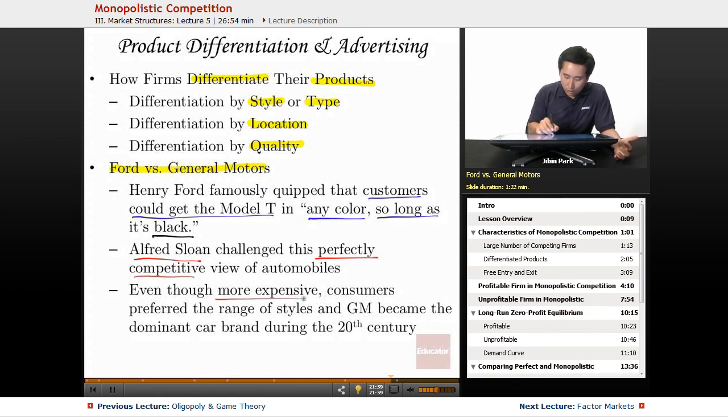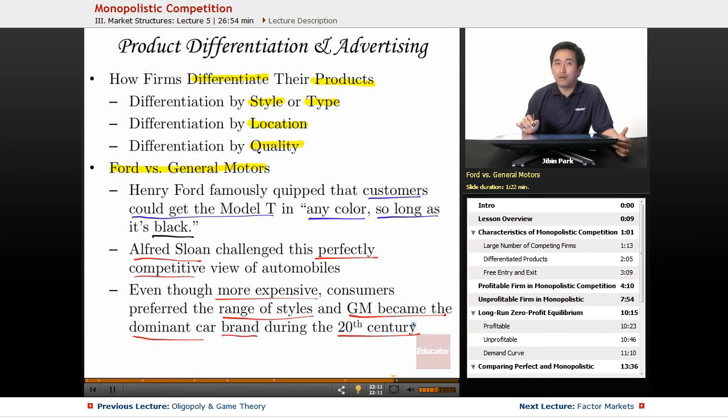And so even though more expensive, consumers preferred the range of styles, and GM, not Ford, became the dominant car brand during the 20th century. So basically what Henry Ford thought might be better suited as being perfectly competitive actually was monopolistically competitive. And so if he had the foresight, then he might have expanded the Model T line to something more than black a little bit earlier on.